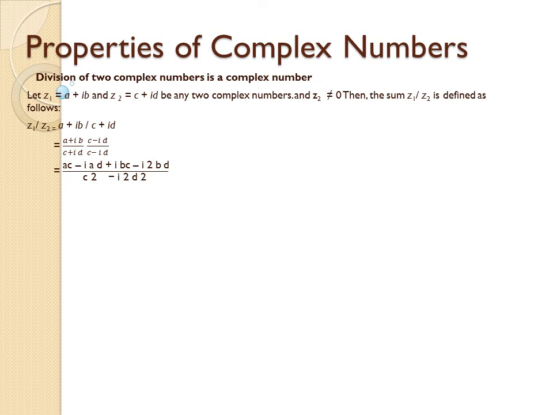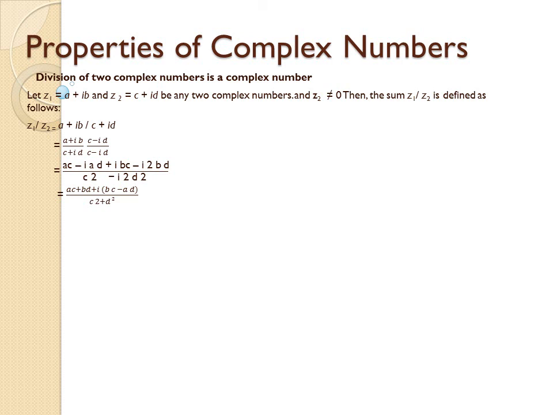If I multiply the numerator, it becomes ac minus iad plus ibc minus i square bd, and in the denominator it becomes (c plus id) into (c minus id), that means (a plus b) into (a minus b), that is a square minus b square. So it becomes c square minus i square d square. From the numerator portion I am writing the terms which are not with i.